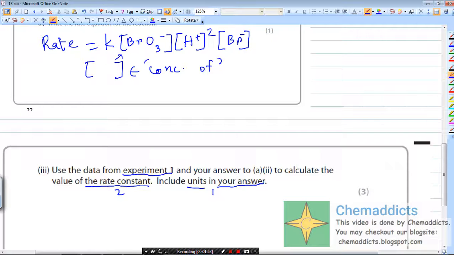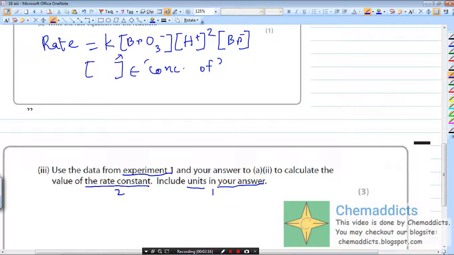So in total we will gain 3 marks. That's the mark distribution of this question: the first 2 marks are for calculating the rate constant, and the last 1 mark is for the unit.